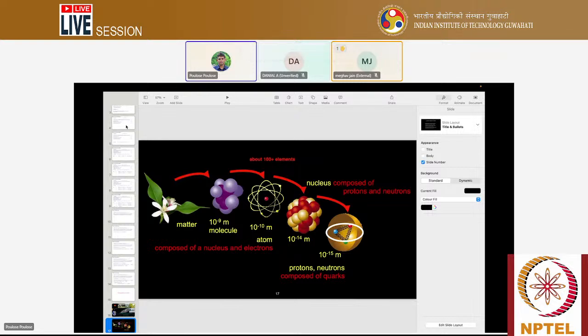So basically, at the moment, we understand that all matter around us is made of molecules, which are made of atoms. Atoms have a nucleus, which is basically the first part of the study that we have in this course. The nucleus has constituents called protons and neutrons, which are further made of what are called quarks. And then there are also electrons in the atom, which are elementary particles.